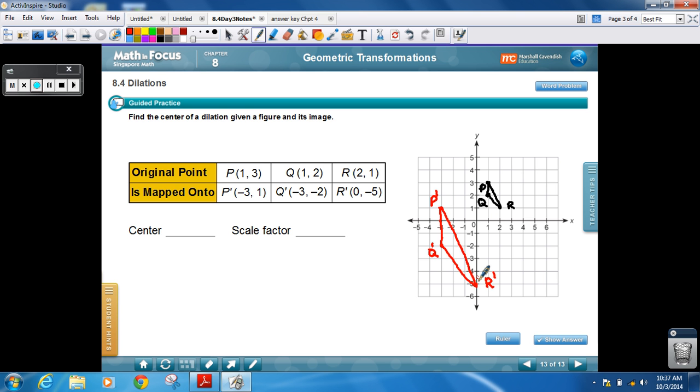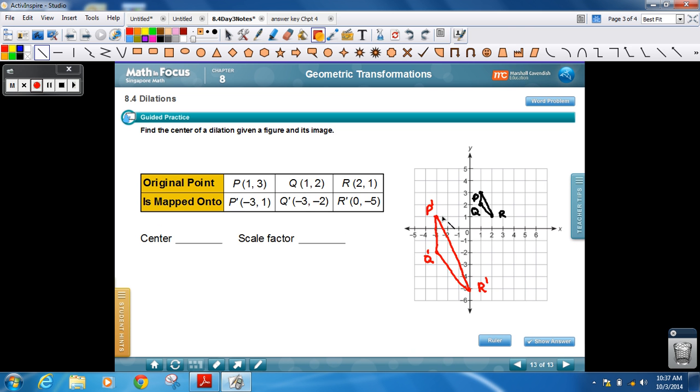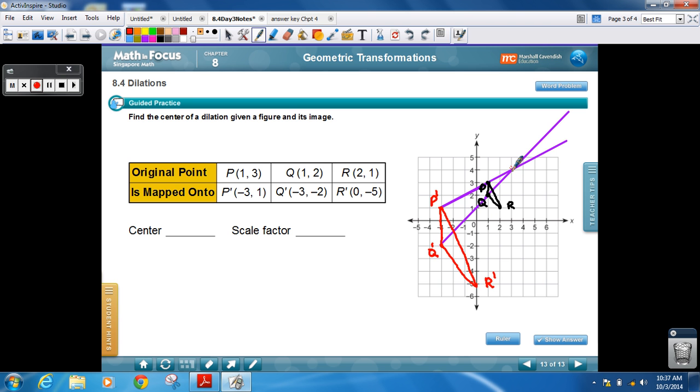So I should expect my scale factor to be greater than 1. So now to find the center, I connect two corresponding parts. So there's P and P primed, Q and Q primed. If I just connect the points here, they aren't connecting. So that must mean I need to extend them out to figure out what my center of dilation is. Now they do intersect, so I've extended them out far enough, and my center of dilation is right here. That means my center of dilation is at 3, 4.